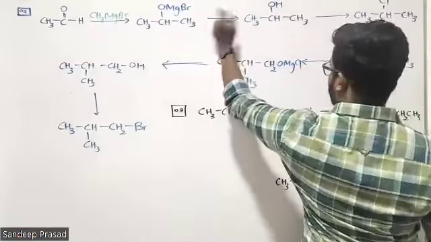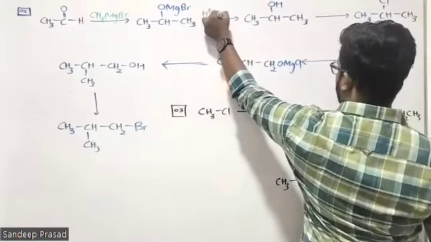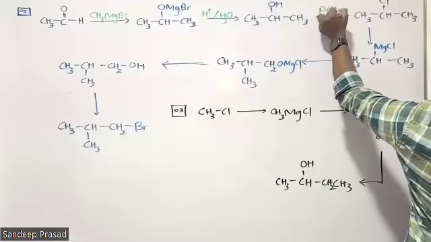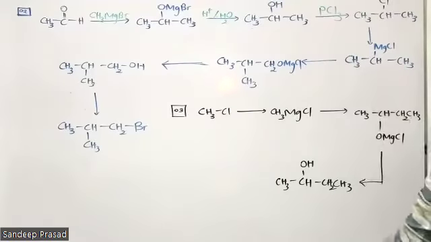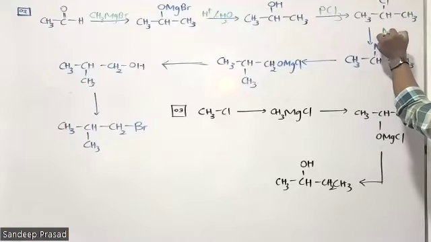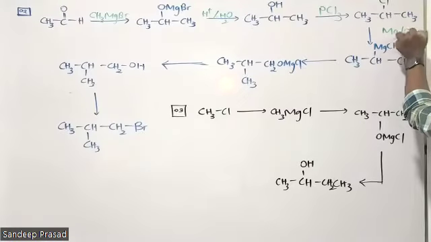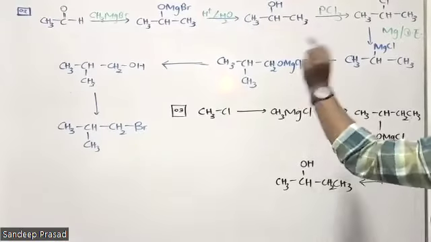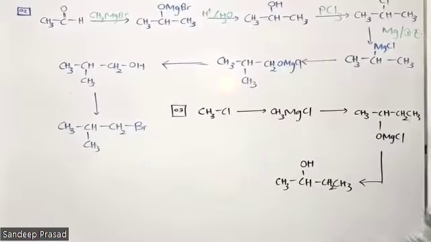If you want, you can put here H plus slash H2O, right? Doesn't matter. Then here we can add PCl5 or PCl3. And again, they have formed a Grignard reagent, right? So now you can understand how important this Grignard reagent is. By connecting the Grignard reagent to an aldehyde or ketone, we can make many lengthy molecules, right?